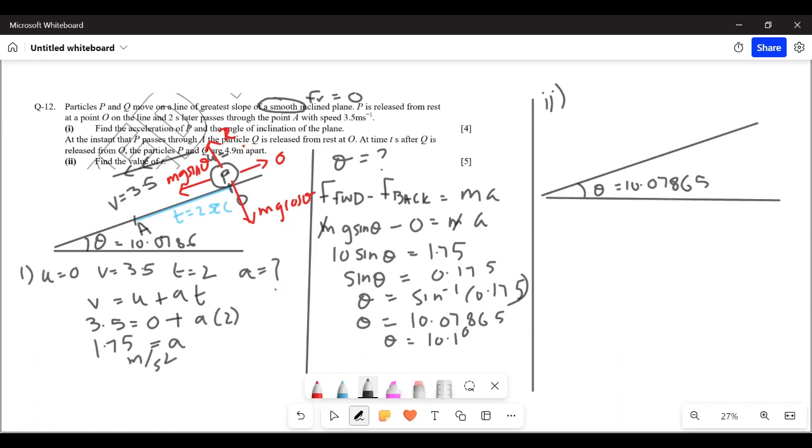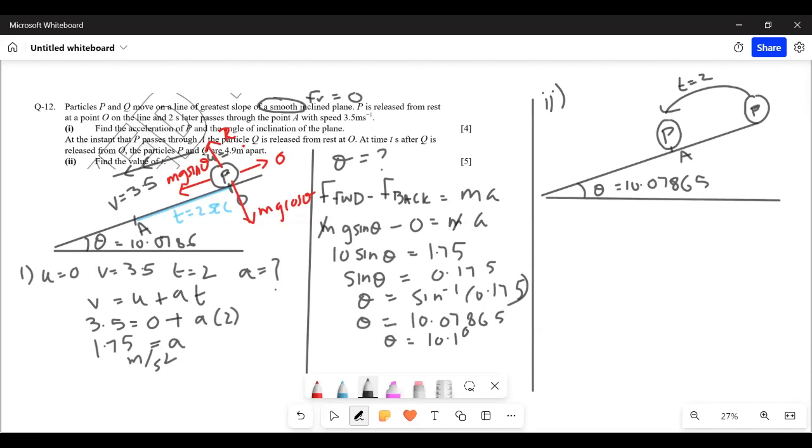Particle P is released. At the instant that the particle P passes through A, okay, this was P, and then it passes through A, and that happened in 2 seconds. So now P is here after 2 seconds. Okay, so this time is 2 seconds.